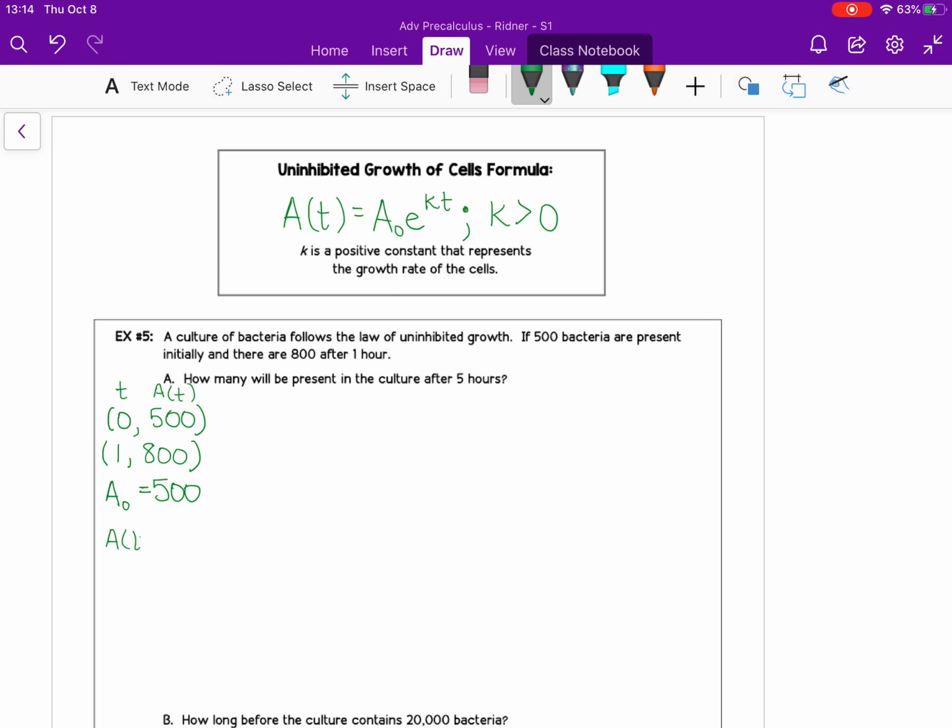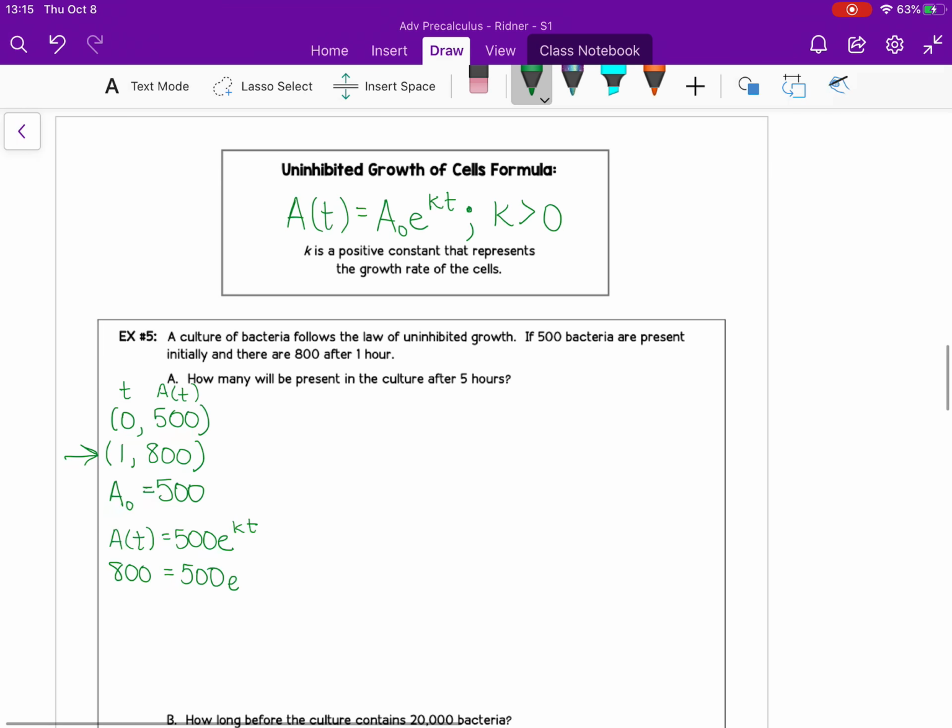If I know this much, notice I also have another point that I could use. So I could say 800 equals 500 e to the k times 1, because t is 1.